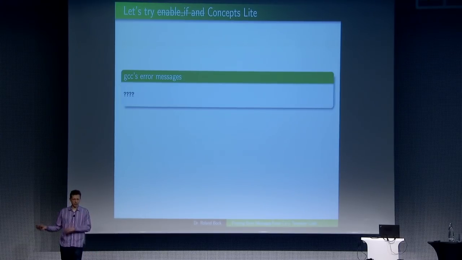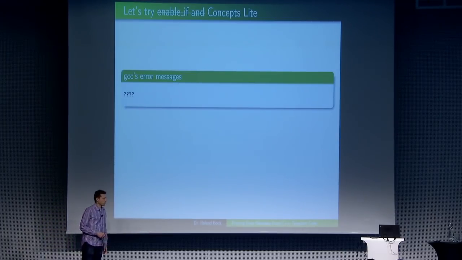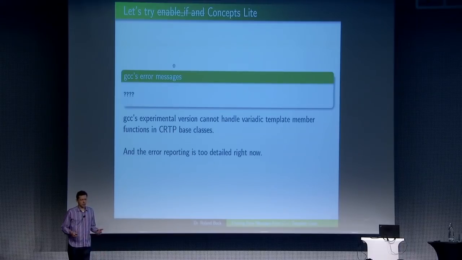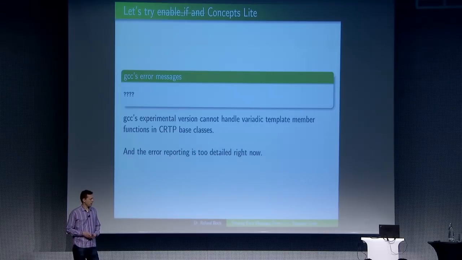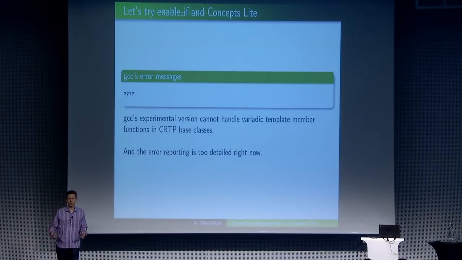It will go back to that, obviously, but currently it gives you way too much detail about what went wrong. And the other is with some code, like for instance with the code of my library, it doesn't really work. It yields an internal compiler error because it cannot handle variadic template methods, member methods in CRTP-based classes. Well, okay. It's a rare case maybe, but in my library it's the central thing. I cannot do without it.